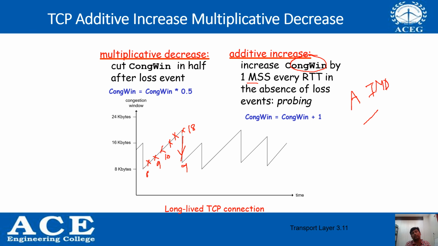And again it is going to increase additively 9, 10, 11, and whenever again I find congestion in the network, my congestion window size reduces to half of the previous successful attempt. This method of increasing the congestion window size additively, and whenever congestion is identified, decreasing the congestion window size to half of its previous size, is called TCP additive increase and multiplicative decrease.